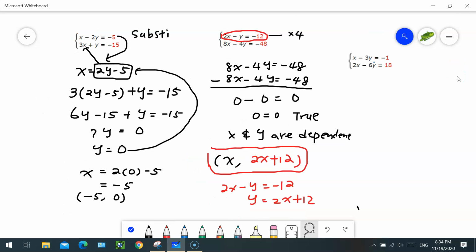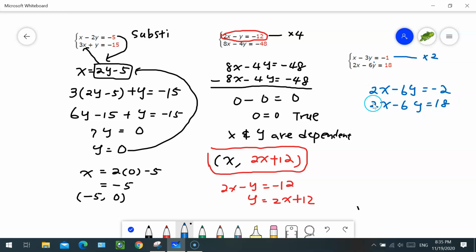For the last example, I'm going to multiply the first equation by 2. Now the first equation I can rewrite as 2x minus 6y equals negative 2. Now I copy down the second equation here, which equals 18.